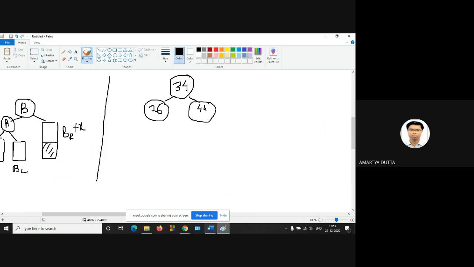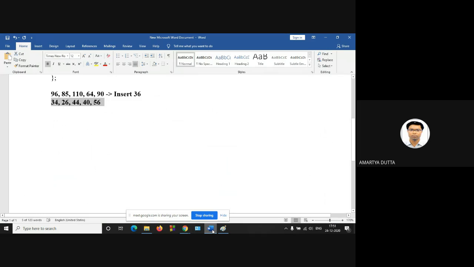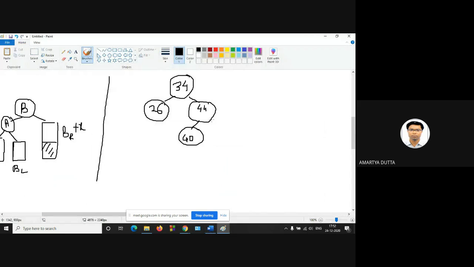Next one is 40, which goes to the left of 44. And the next one is 56, so this is your 56.